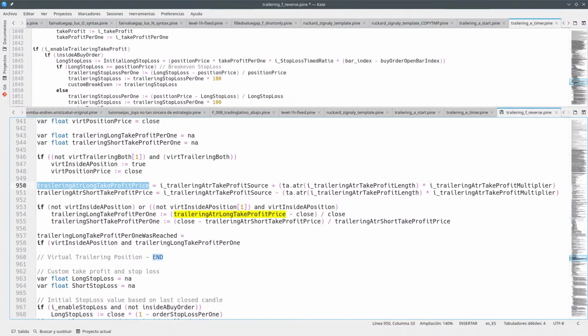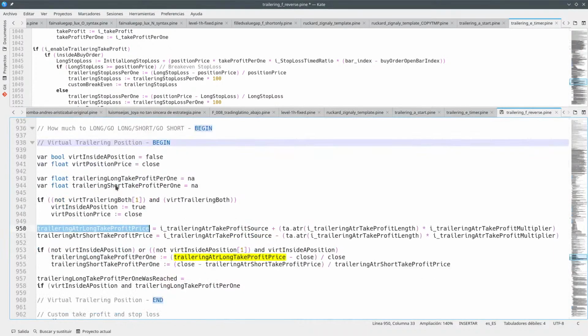Okay, let me see. This is the ATR price. So we should be able to have another price which is not ATR.